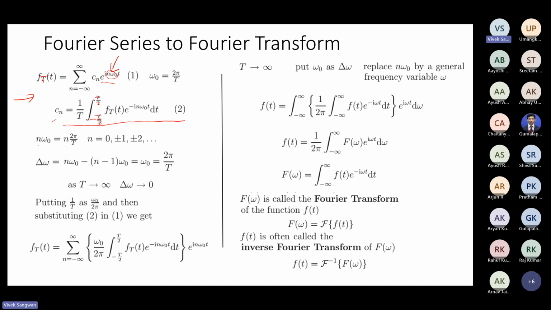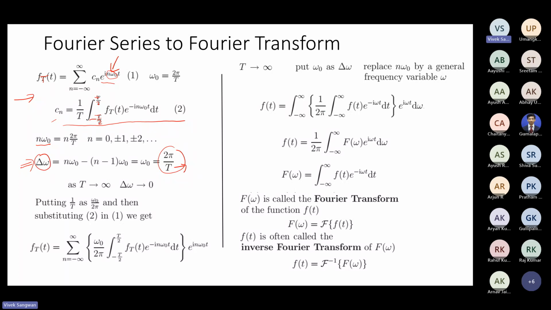The consecutive frequencies are n omega 0 and (n minus 1) omega 0, and obviously the difference comes out to be omega 0, which is 2 pi by T.